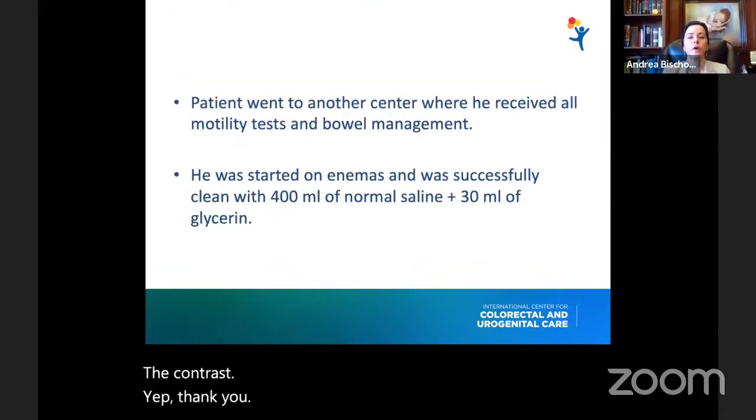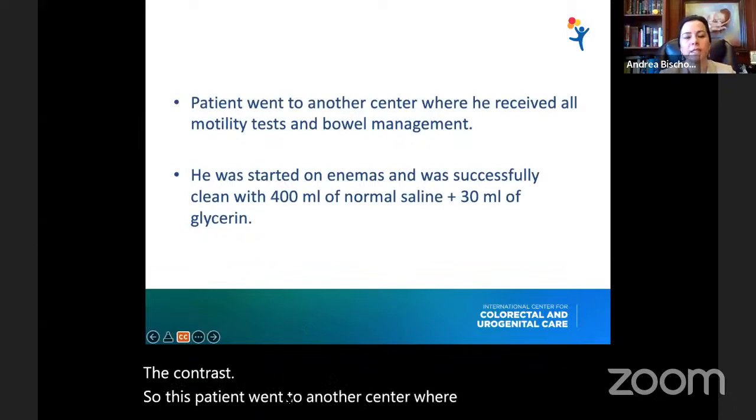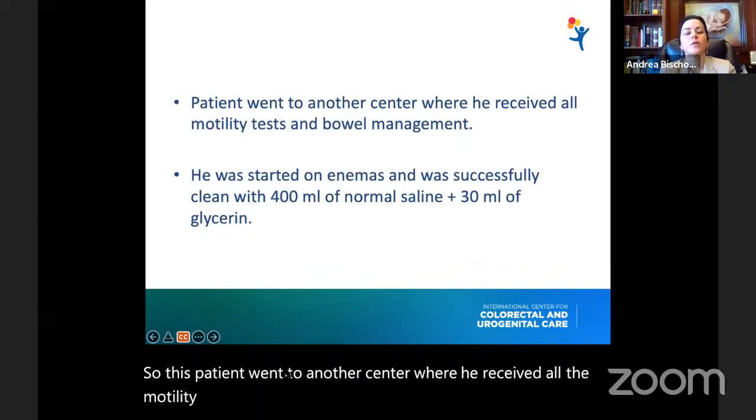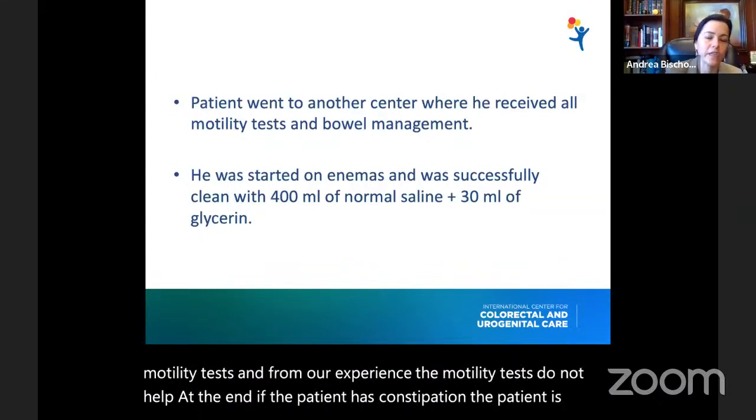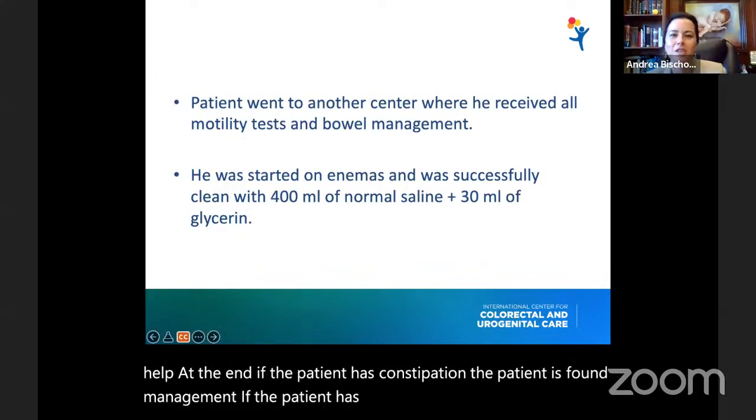So this patient went to another center where he received all the motility tests. And from our experience, the motility tests do not help. At the end, if the patient has constipation, the patient needs bowel management. If the patient has fecal incontinence, the patient needs bowel management.